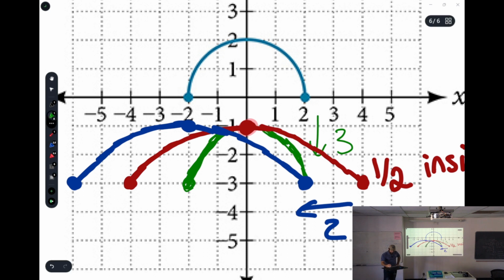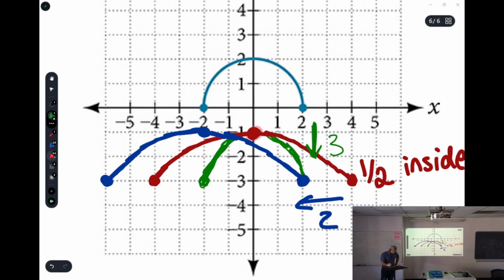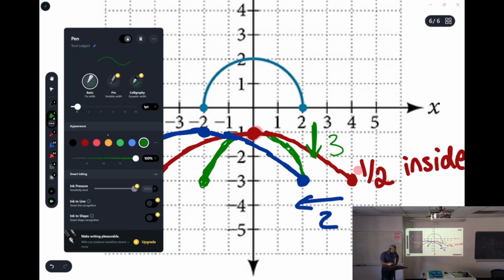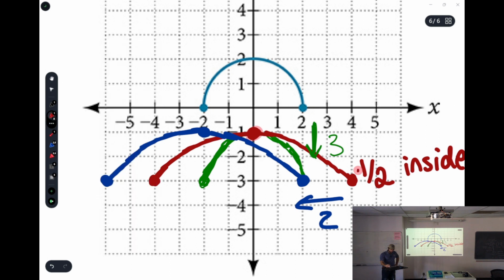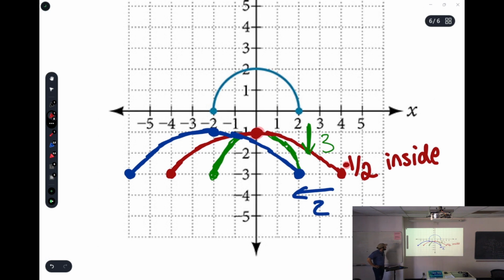There are our 3 shifts. Cool? I know it's a lot of work, but that's why I want you to practice, do some homework right now in class. That was our 3 shifts in order. Down 3, stretch, move over.